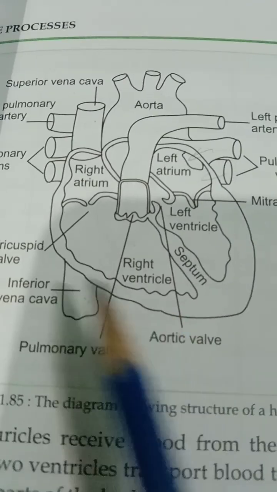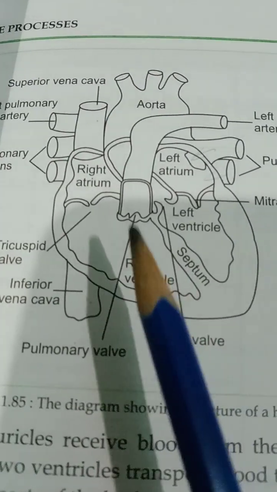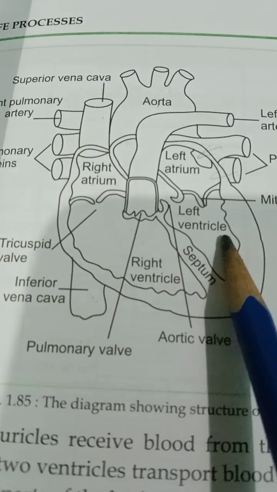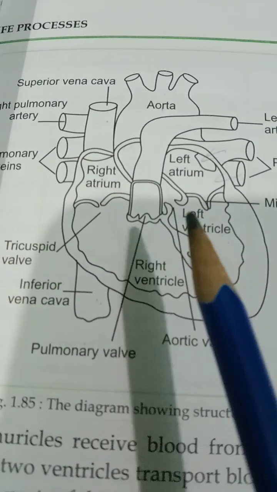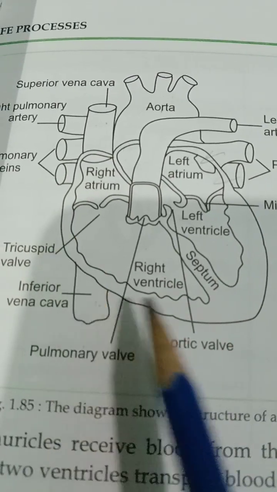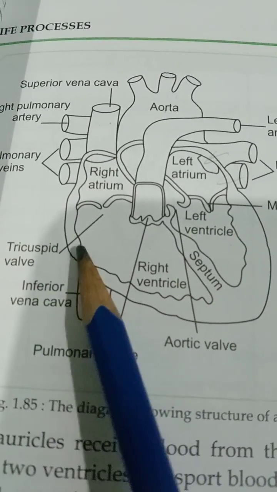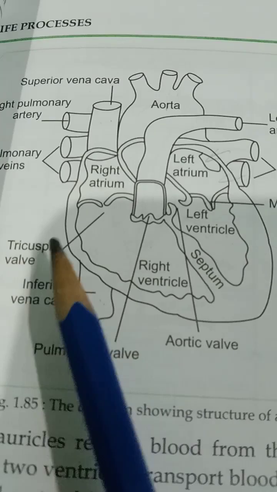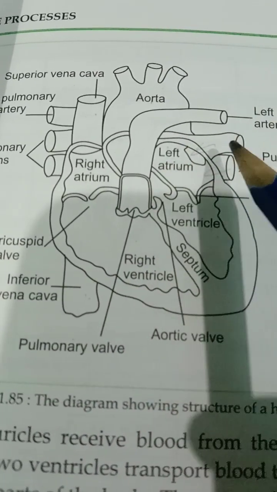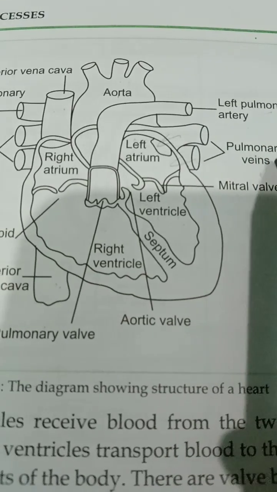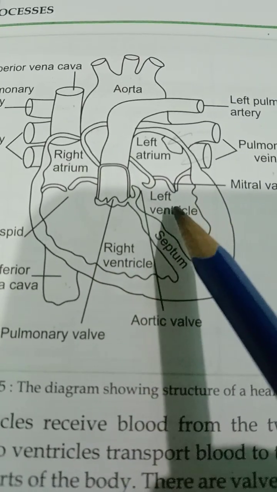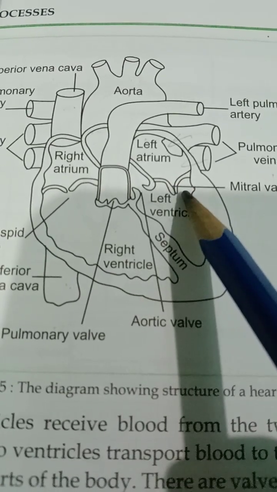Our heart, a little towards the left side, has 4 chambers: upper atrium, lower ventricle. These 4 chambers are very nicely separated by the septum, that is muscular cardium, a muscular structure. And from the left atrium we have 2 pipelines, that is the pulmonary veins. As it goes towards the left ventricle we have the bicuspid valve.